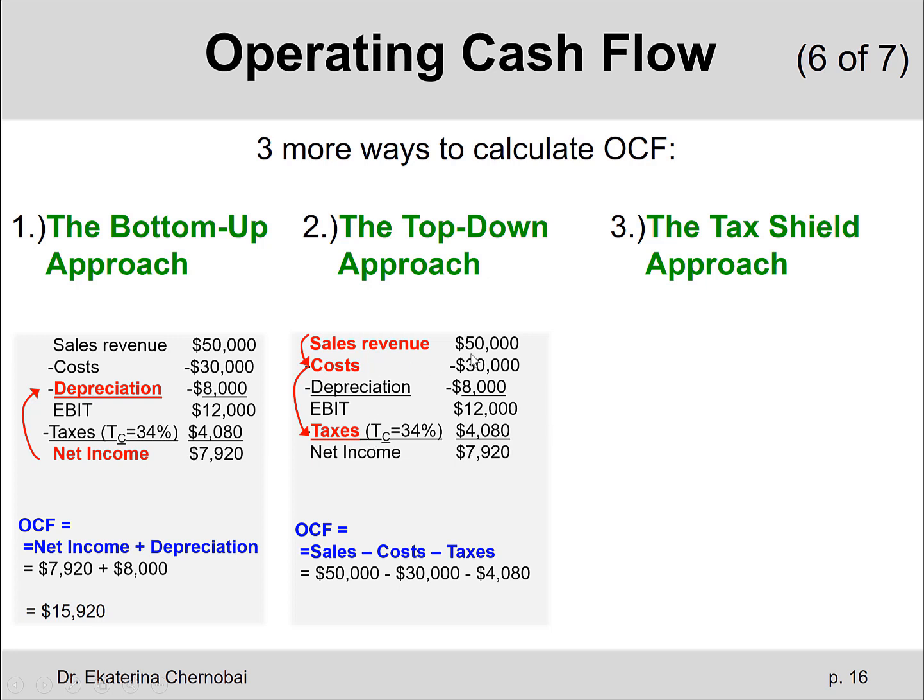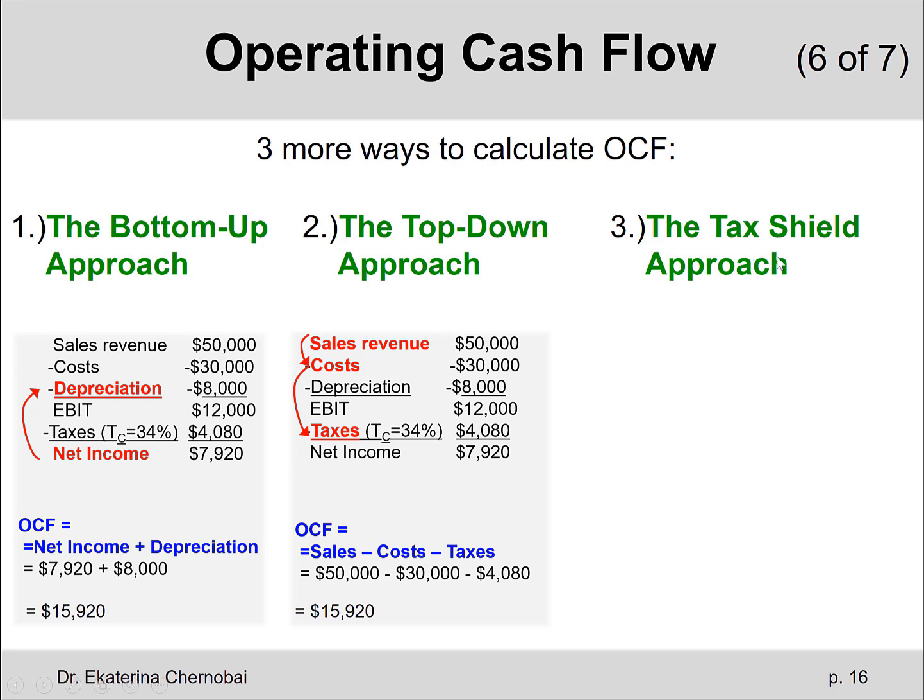When we do the math, $50,000 in sales revenue, minus $30,000 in costs, and minus $4,080 in taxes, that again gives us the same result, $15,920.